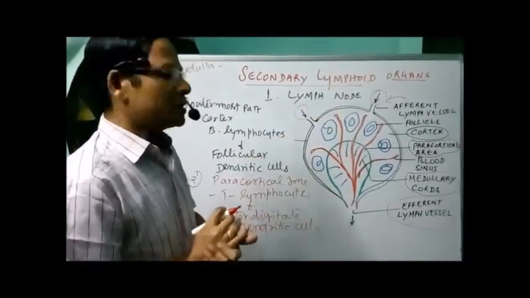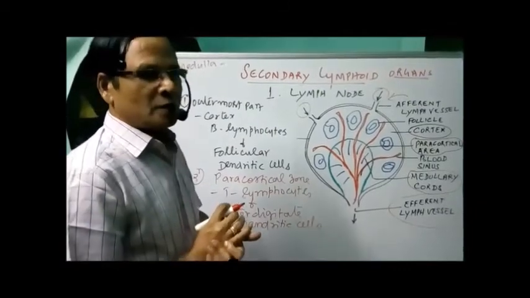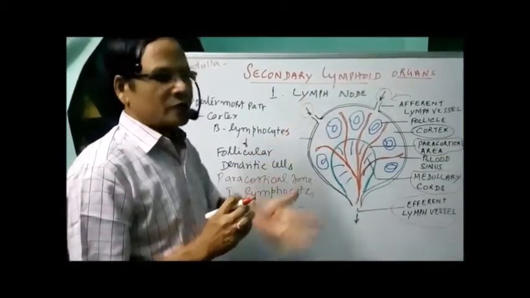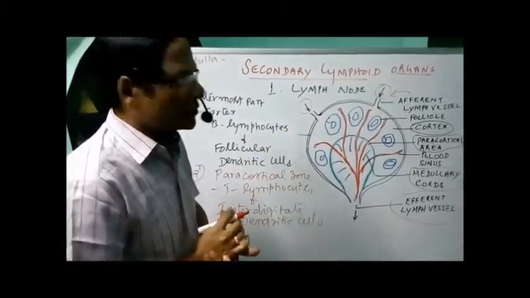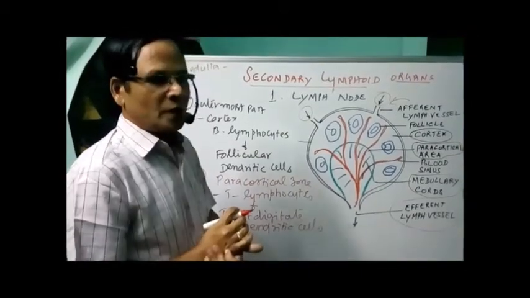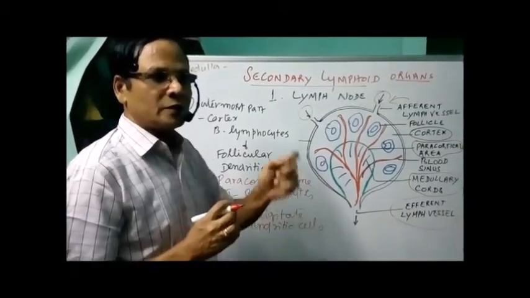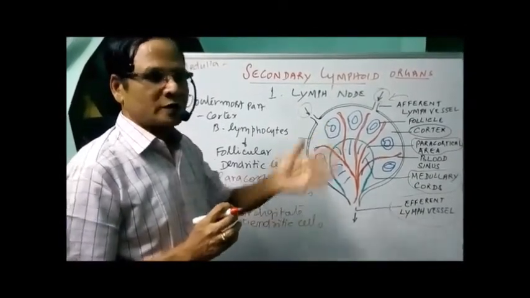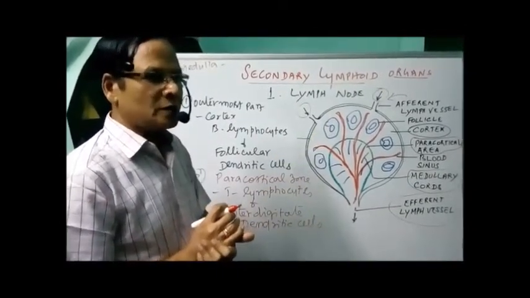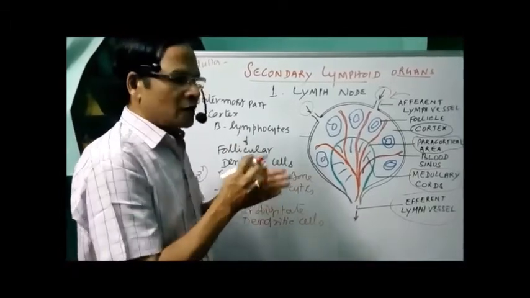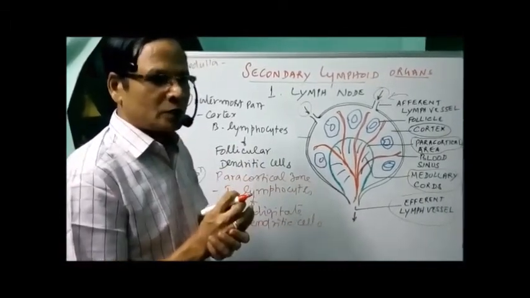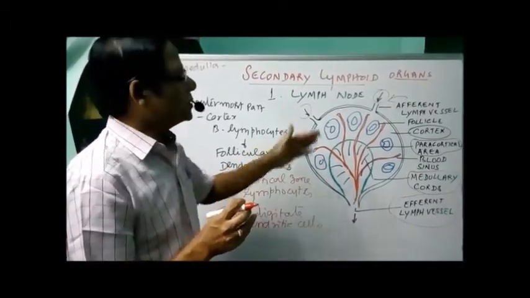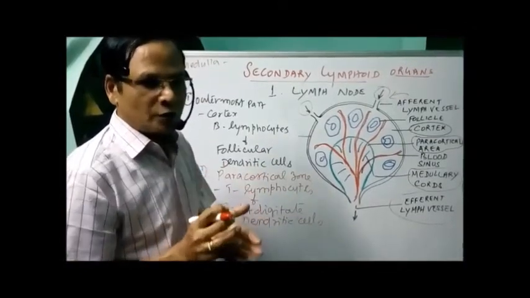Sometimes swelling of the lymph nodes occurs. What is the reason for the swelling of lymph nodes? It may be due to increased immune response and also a high concentration of lymphocytes. That means the lymph node is now exposed to infection. So that may be one of the reasons for swollen lymph nodes.